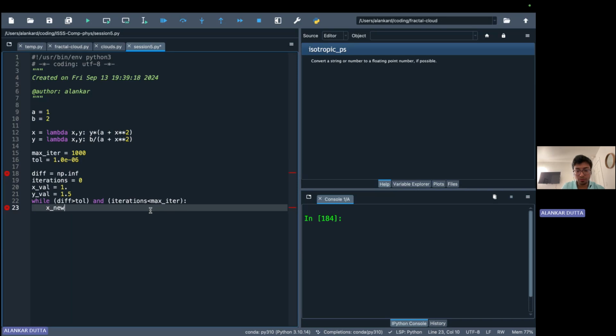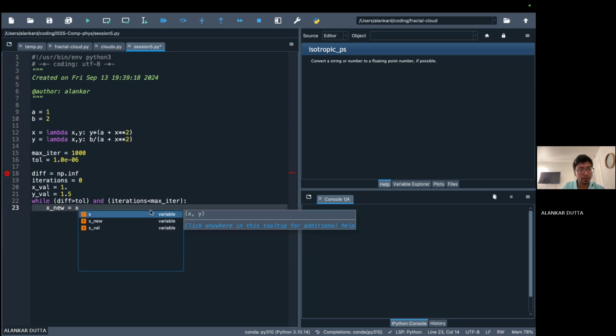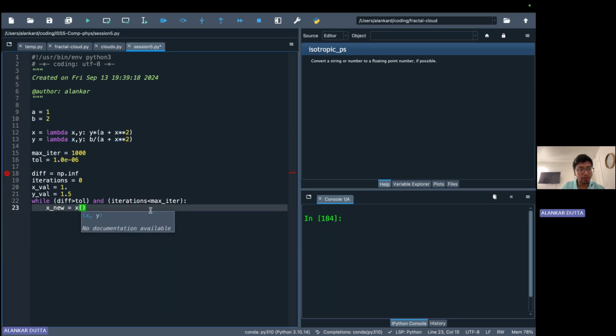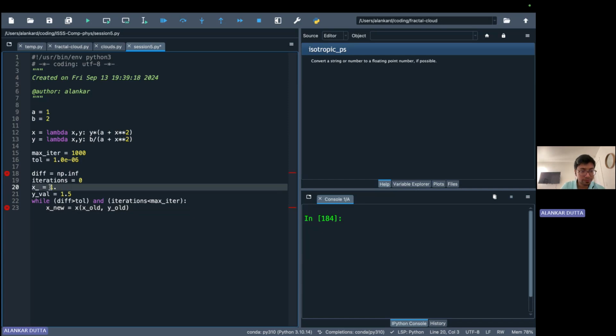Now I'm doing something like x new is equals to, we are going to call this x, and we will be passing x old and y old. Okay, so let's call this guess, GUESS, right?